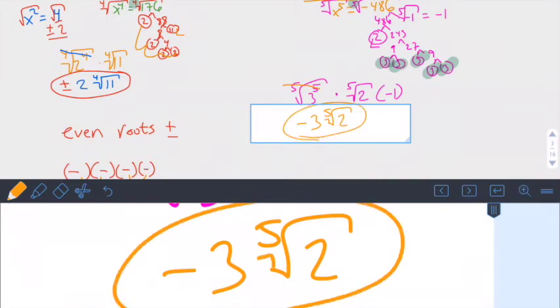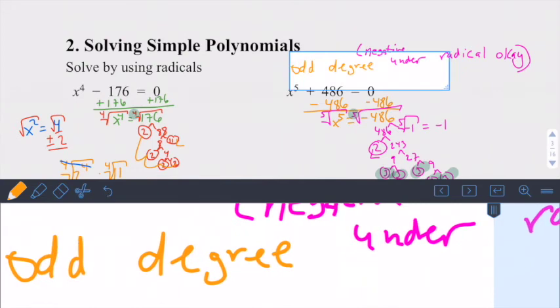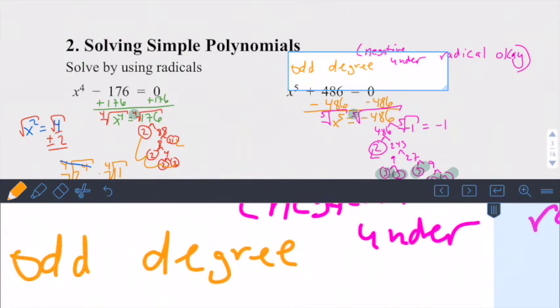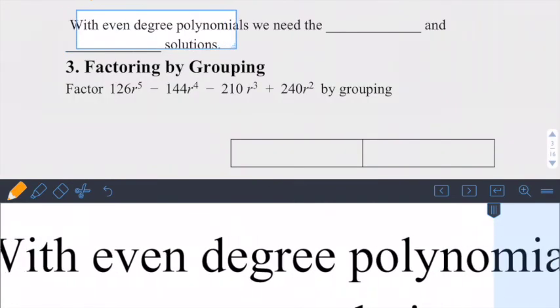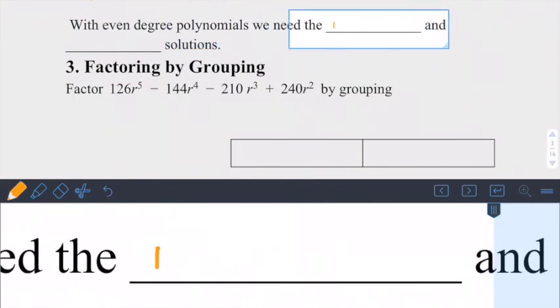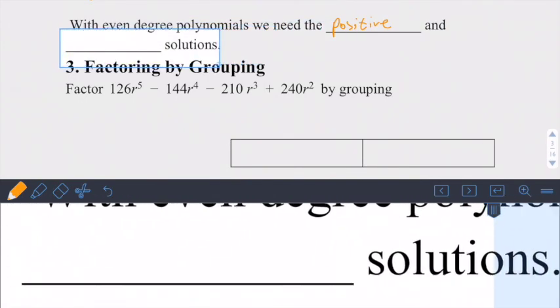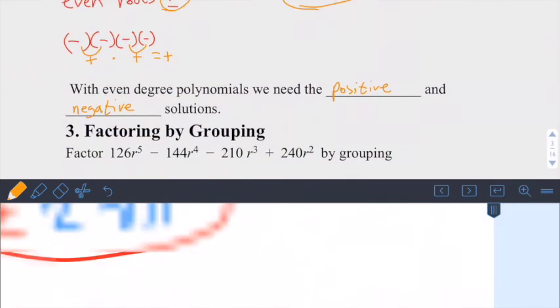And I only need that negative 1. Okay, so my odd degrees, I only need one of them. If I do an even, I need plus and minus. With even degree polynomials, we need the positive and negative solutions, which I mentioned above.